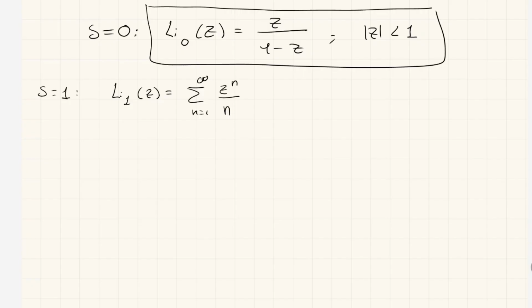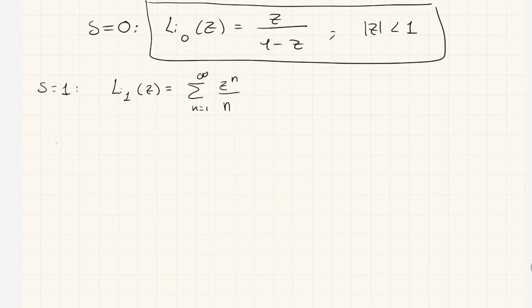But for now we need to recall the Taylor series expansion for the function natural log of 1 plus z, which is the sum from n equals 1 to infinity of negative 1 to the n minus 1 times z to the n over n.